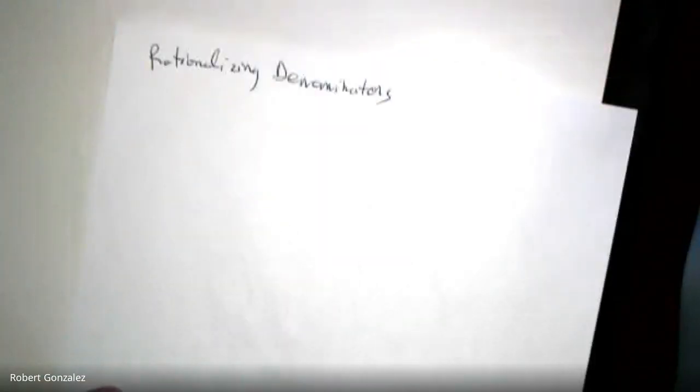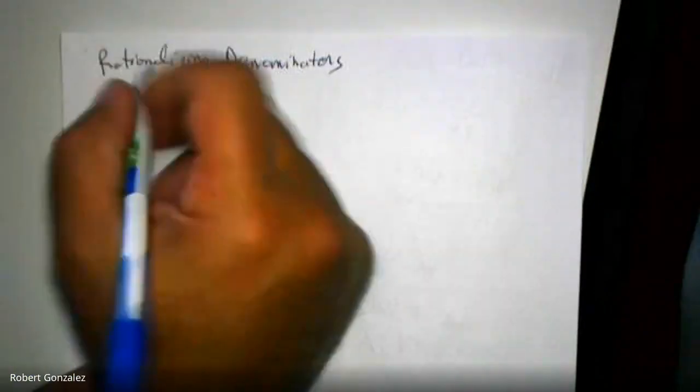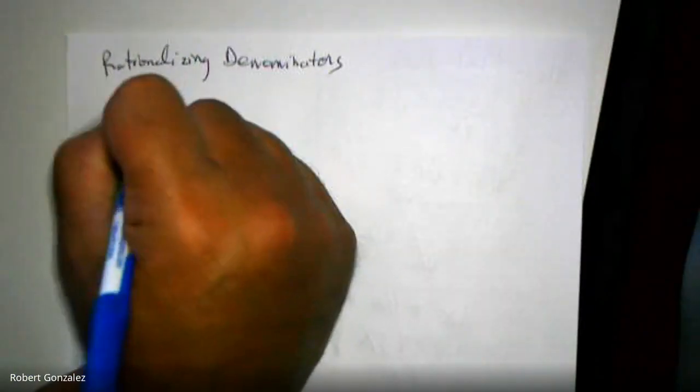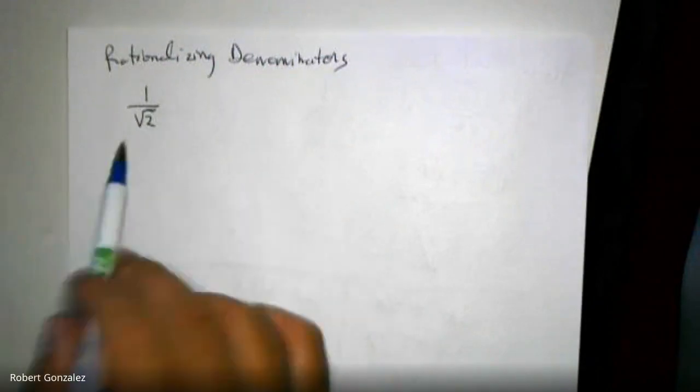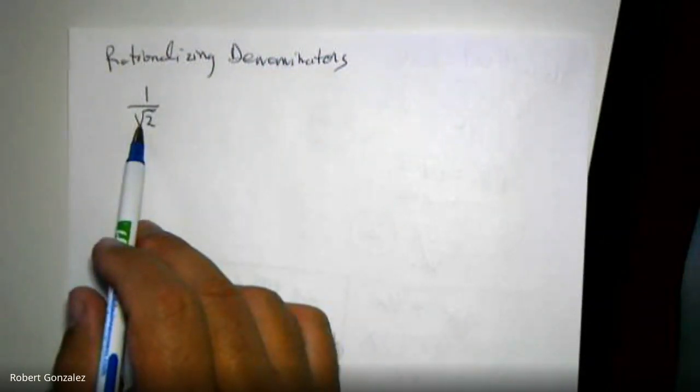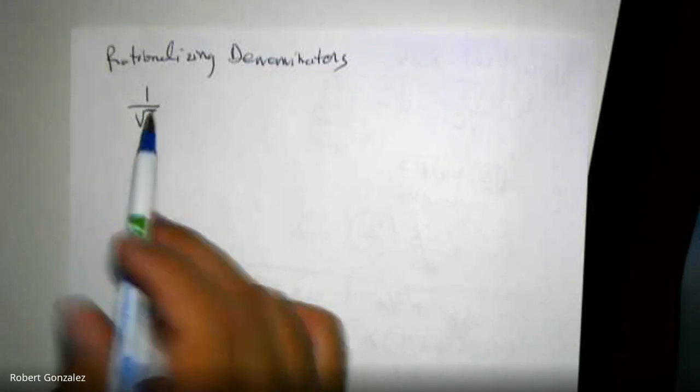Next up, we've got something called rationalizing denominators. In general, we say that we cannot leave a radical in the denominator. So let's do a very simple one. This has a radical in the denominator, therefore it's not simplified. How do we get rid of the radical?